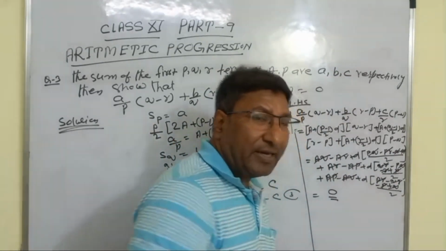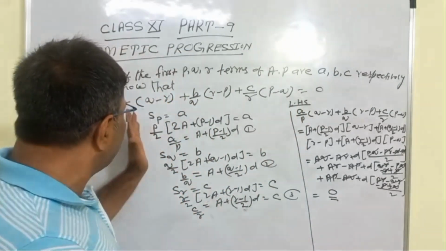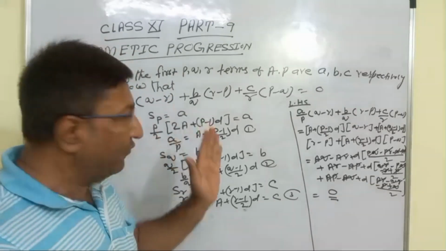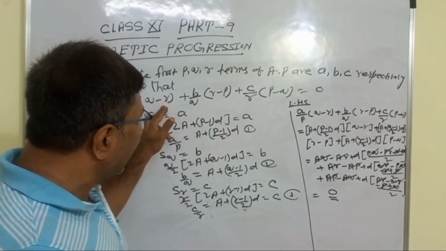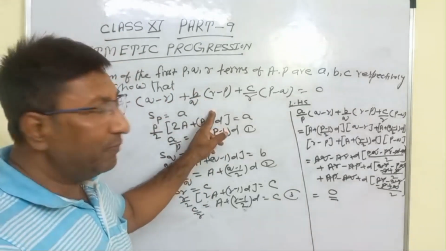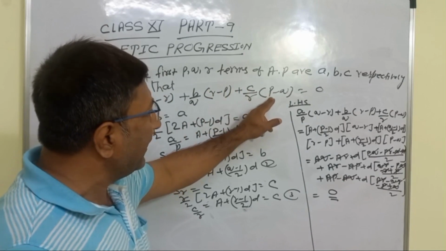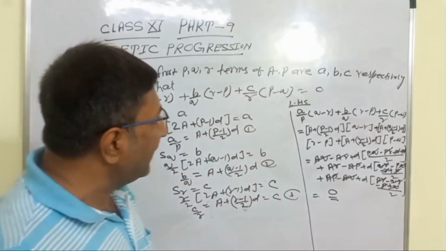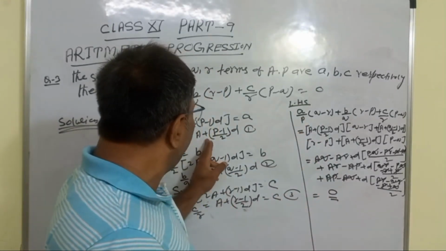In this way we can solve this type of question. So simple technique, use the Sn formula, we will get A by P. And then A by P multiply Q minus R, B by Q multiply R minus P, C by R multiply P minus Q. When we multiply, it is also very easy. A by P, so this is A by P value.